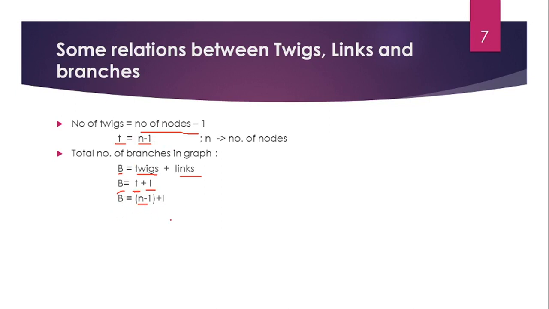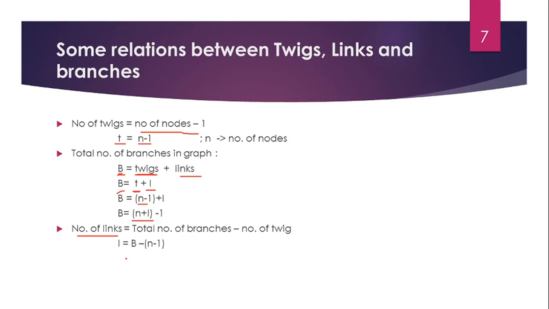So the total number of branches, in terms of links, is B equals n plus L minus 1, number of nodes plus number of links minus 1. Also you may write it in terms of the number of links. The number of links is nothing but the total number of branches minus the number of twigs, and the number of twigs is n minus 1.